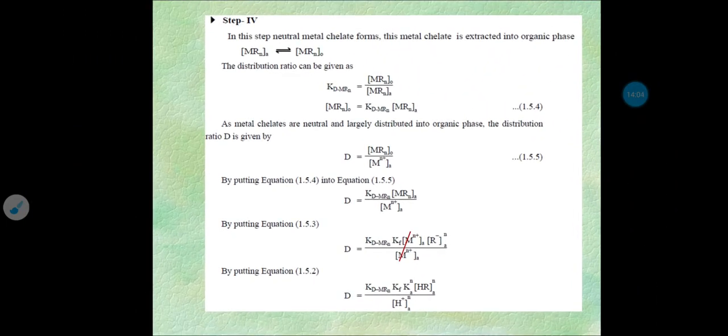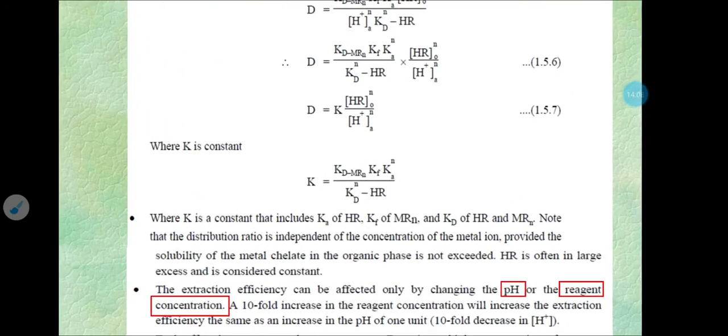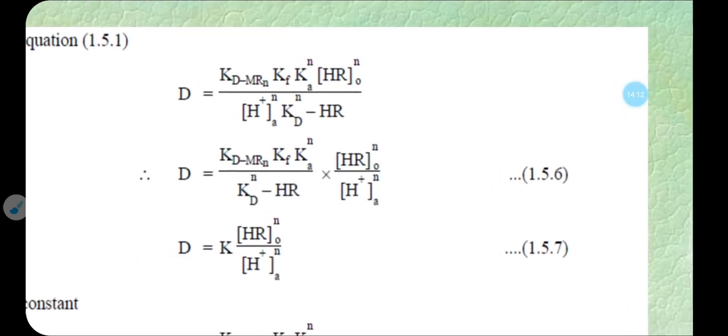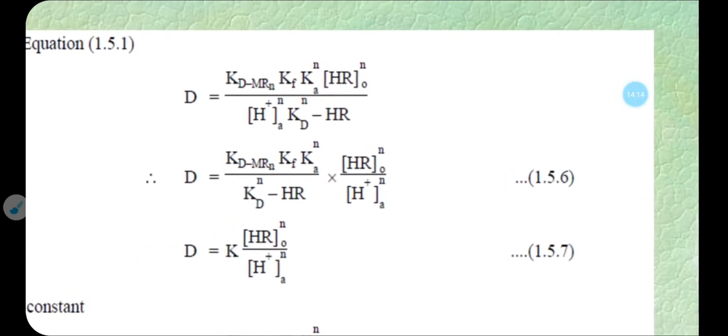So again we substitute the value of the concentration of metal chelate in aqueous from the final equation of stage 1.